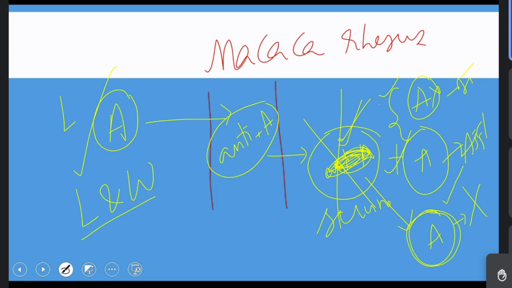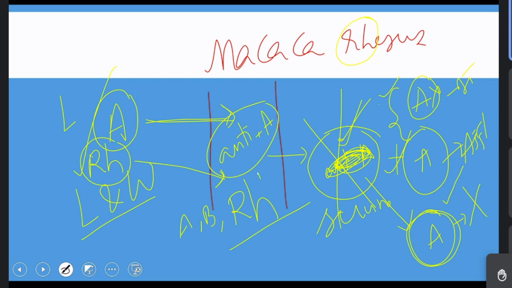So they thought that in addition to A and B antigens, our blood also contains a third antigen, that is Rh antigen. Okay? It was named after the species name of the rhesus monkey, and they called it Rh antigen. So when this person is donating blood, this person is not just sending A antigen, he is also sending Rh antigen.